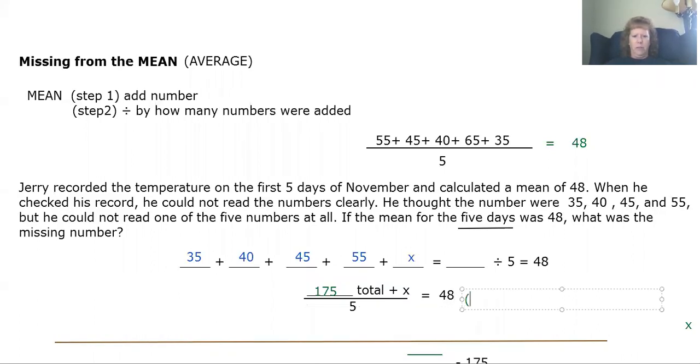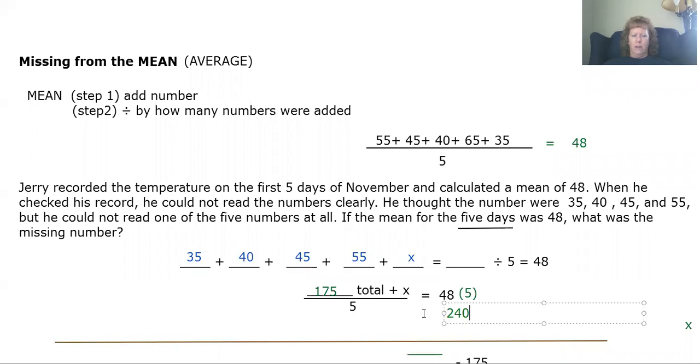So we're going to multiply by 5 on this side, and when we multiply by 5 on the other side, it cancels out that one. So that's going to leave us, I said that was 240. So 240.